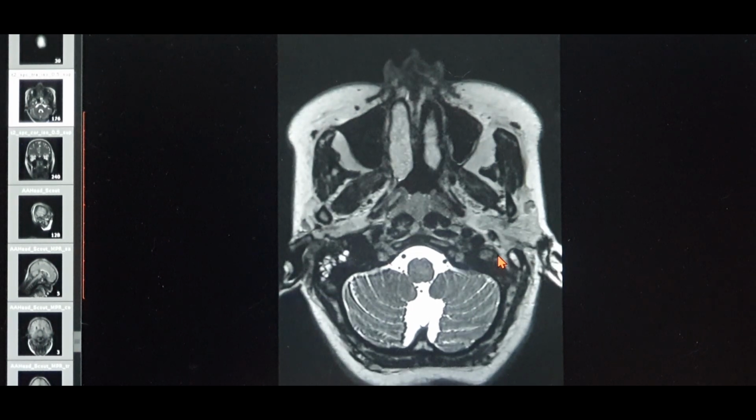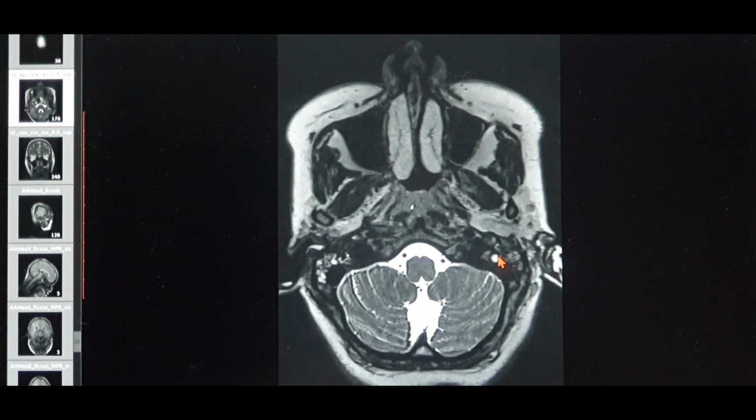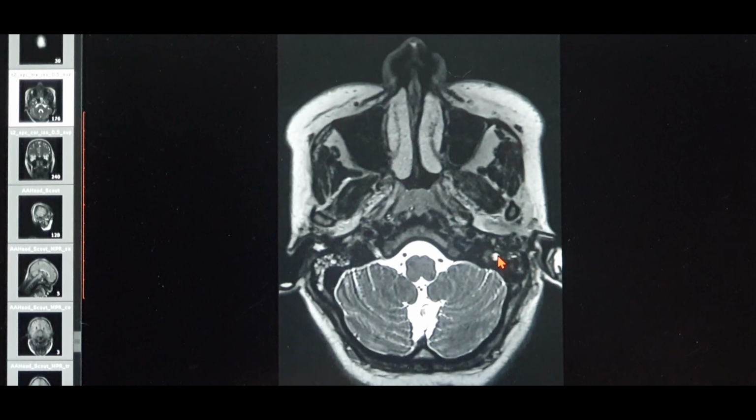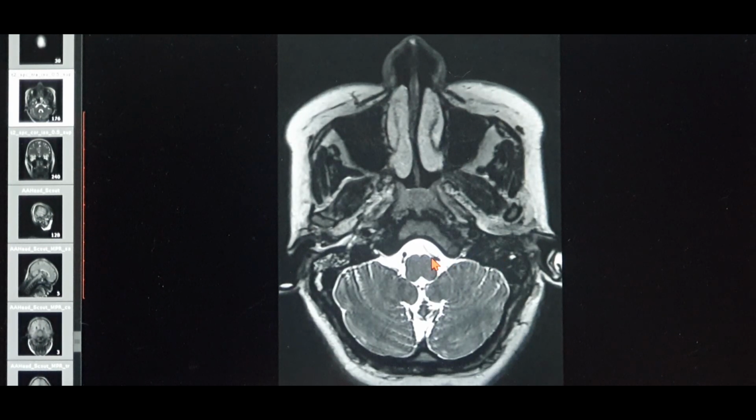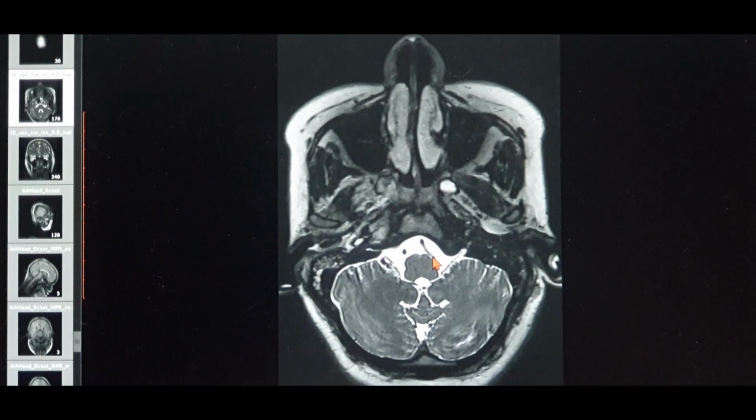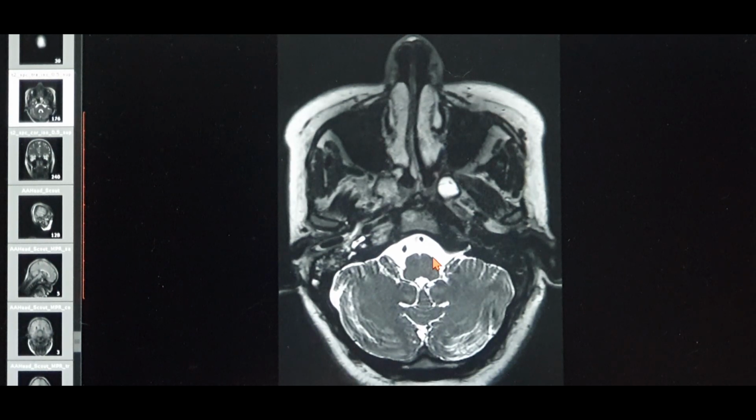As I keep going up, you can see the scan is moving. There's one branch over here, coming from each side, so it is actually trying to communicate. Now we all know that the vertebral artery has a branch called the posterior inferior cerebellar artery, which we normally call PICA, P-I-C-A.